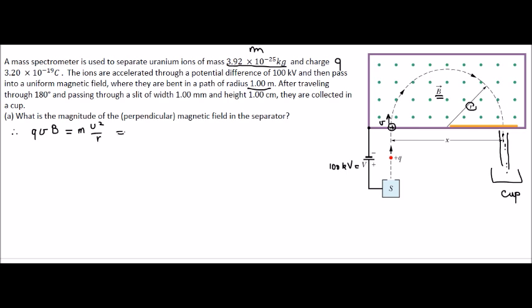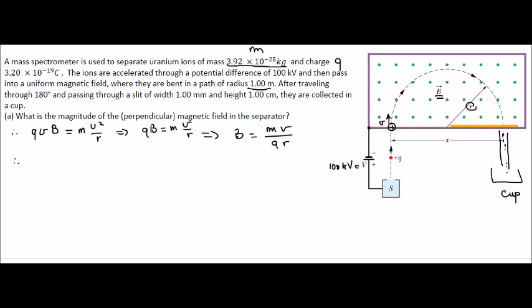From this you deduce qvB equals mv squared over r, so qB equals mv over r. And from here I can get B. I'm looking for B now, the magnetic field. So B equals mv over qr. Fine. So I know the mass of the ion, I know the charge of the ion, I know the radius, I don't know the speed.